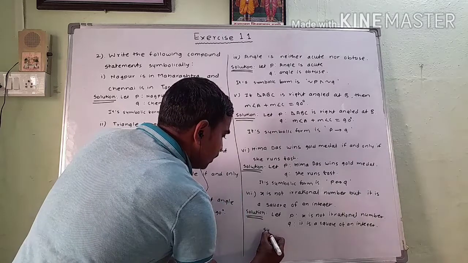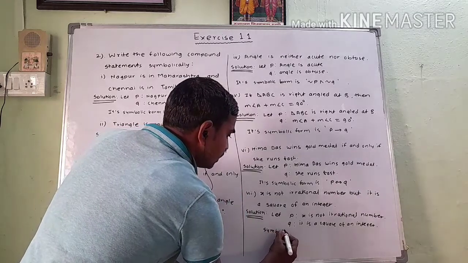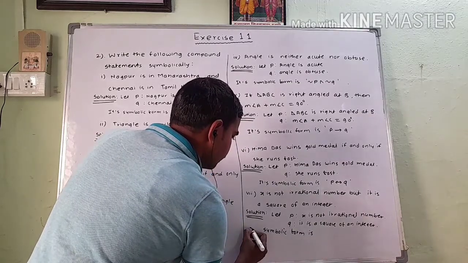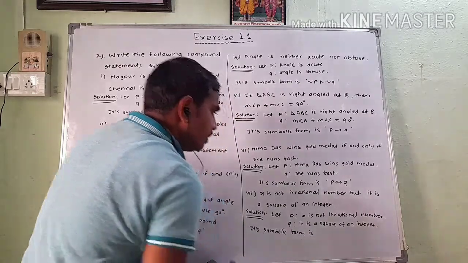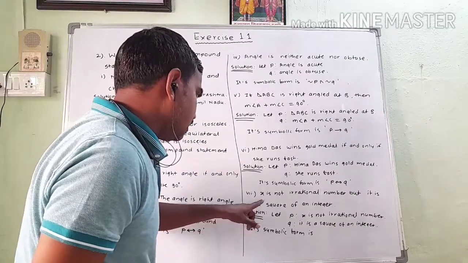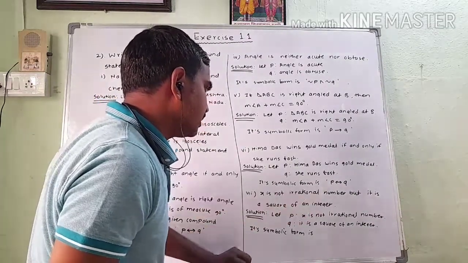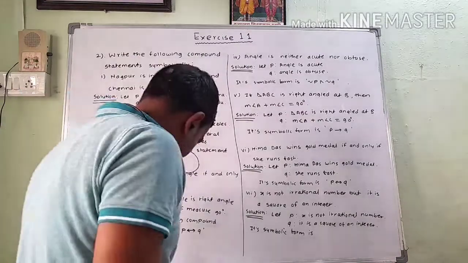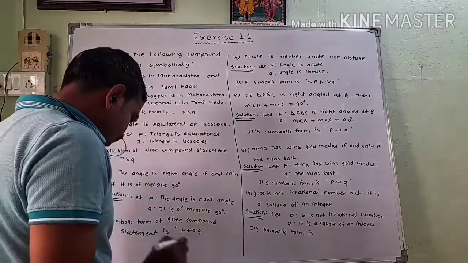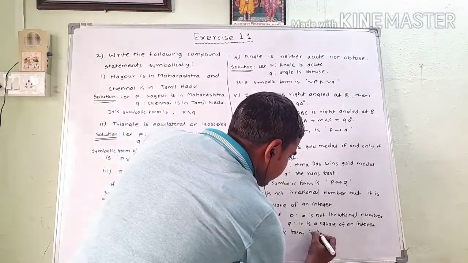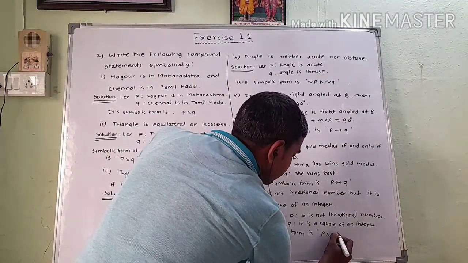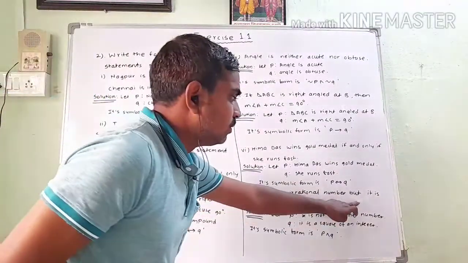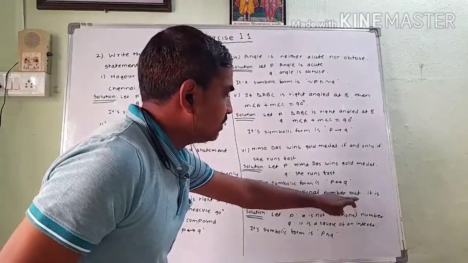What will be its symbolic form? X is not an irrational number, but it is a square of an integer, means we have to write its symbolic form as P and Q. Whenever but is there, the but connective stands for and, means conjunction.